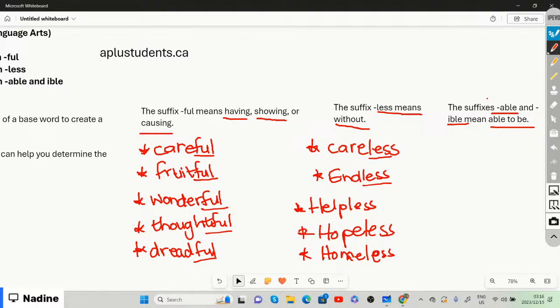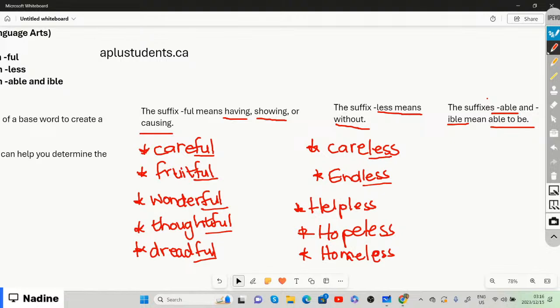So these are but a few examples of words that end with the suffix less.